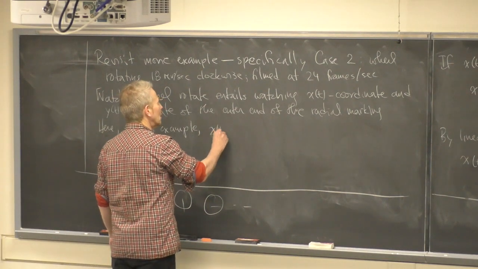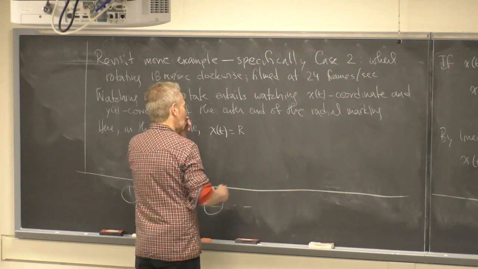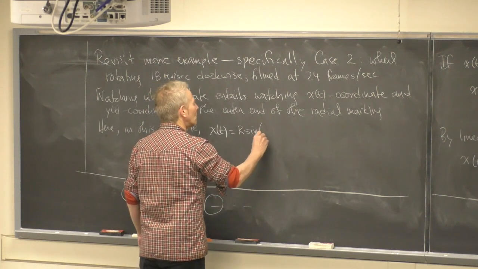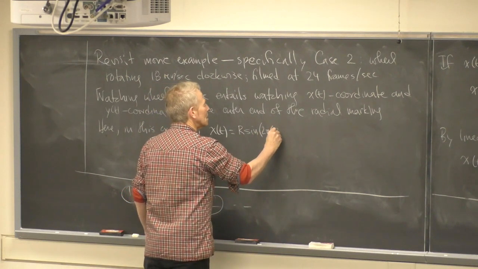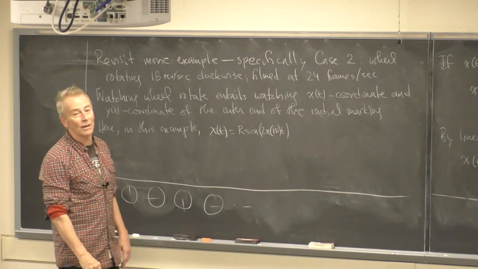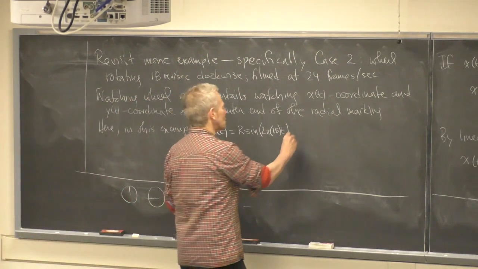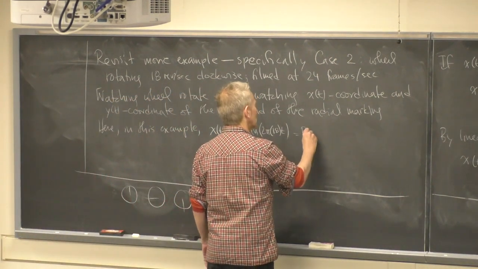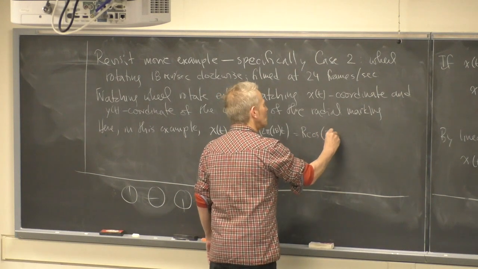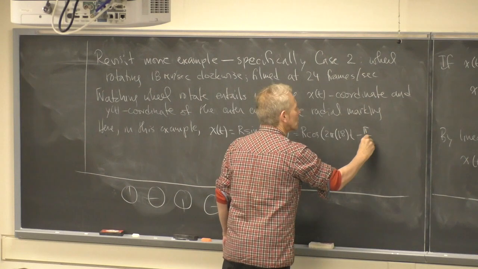So x of t is going to equal r, where r is the radius of the wheel, times sine of 2 pi times 18t. So it's an 18 hertz sine wave. And writing that as a cosine, as we are wont to do, gives us r cosine of 2 pi 18t minus pi over 2.